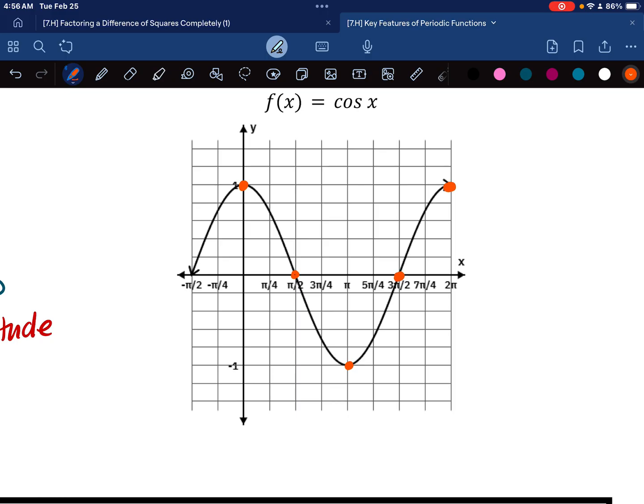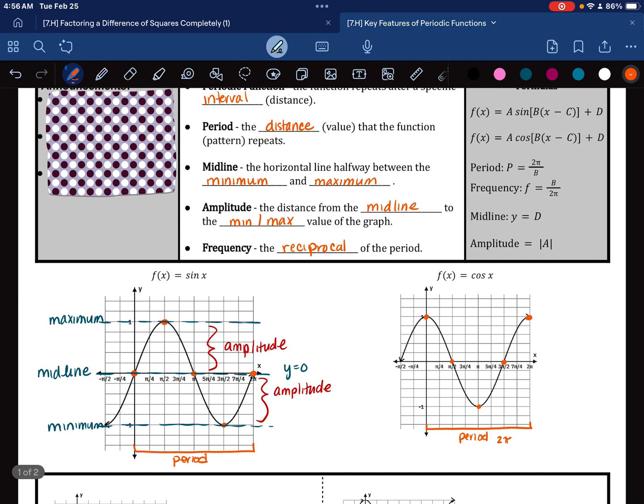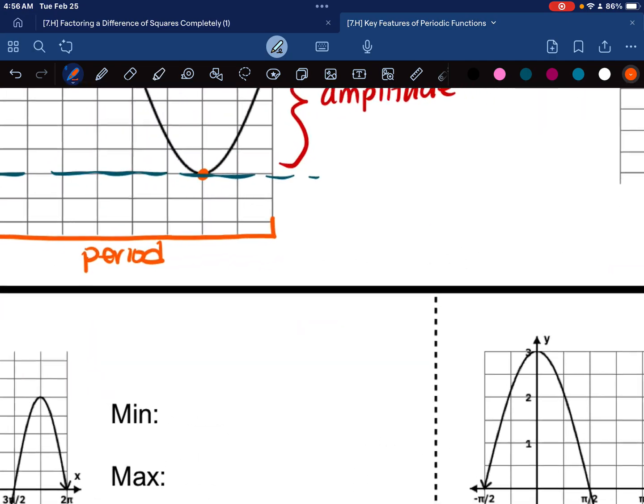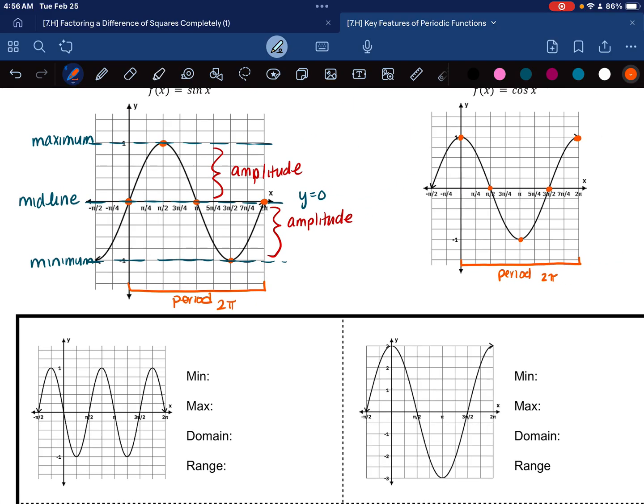This is one period, going from 0 until 2 pi. Traditionally, the period is 2 pi divided by your b value. Your b value here is usually 1, so your period in this case is 2 pi.